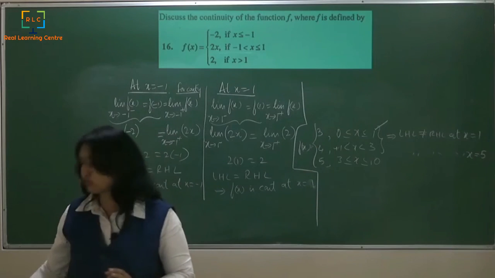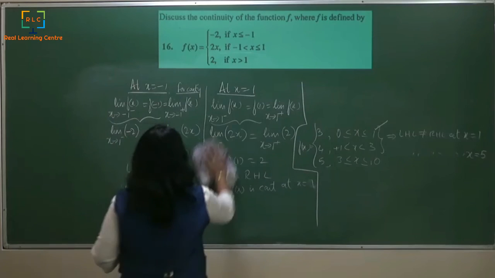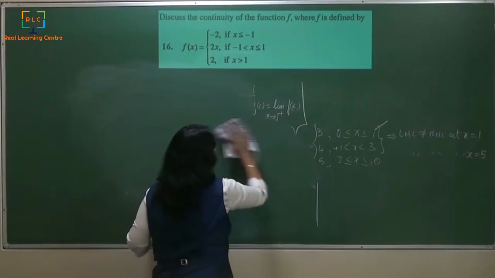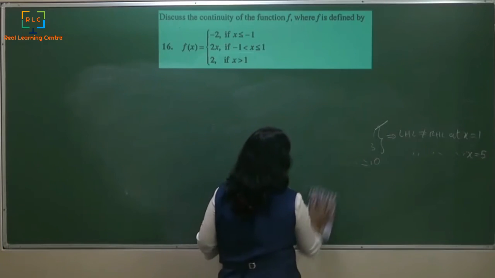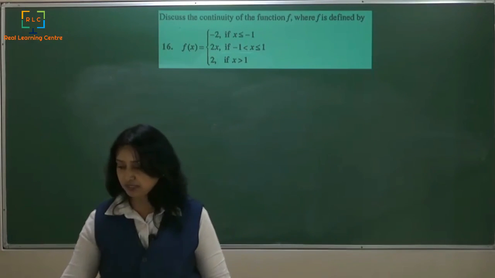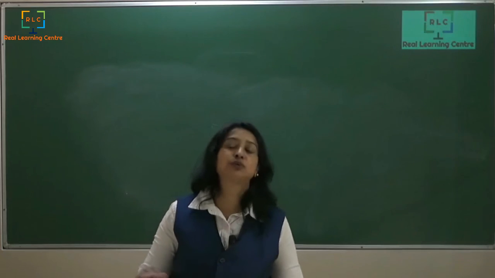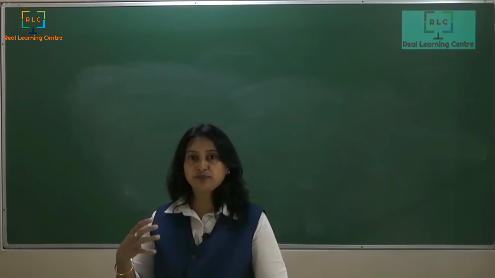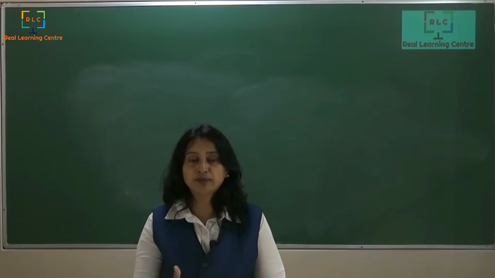Now with that we'll stop here, and in the next immediate session, we will see how to find the value of the unknown when they have already given that the function is continuous. And children, please sit and read the theory of limits of functions and continuity in your text.